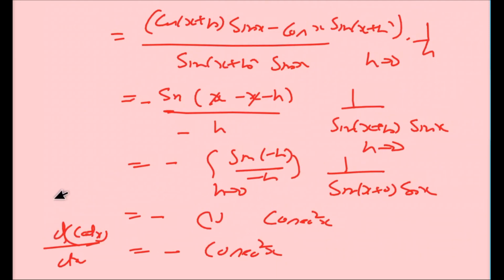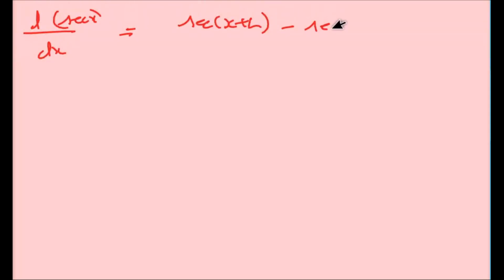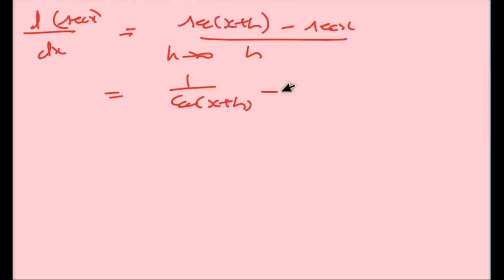Okay, now we are going to take the differential of sec x. Now the same method: sec(x plus h) minus sec x upon h, h tends towards 0. We are changing it. So you are understanding.